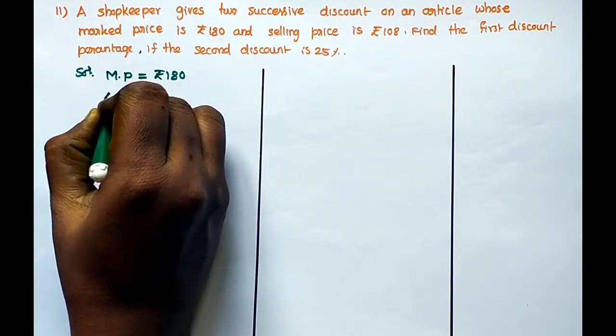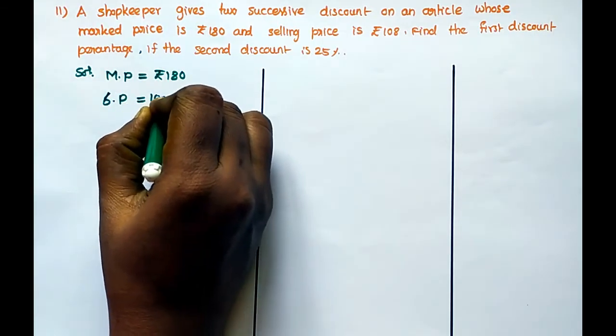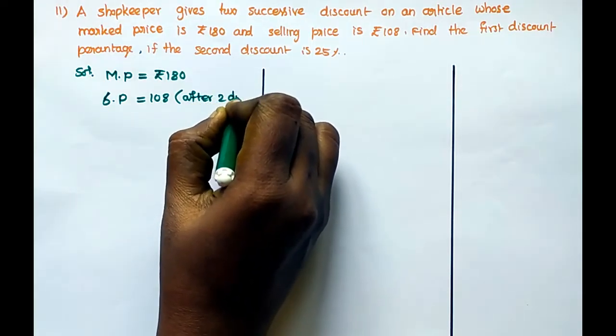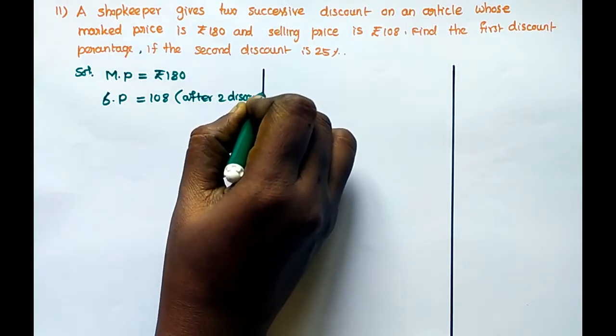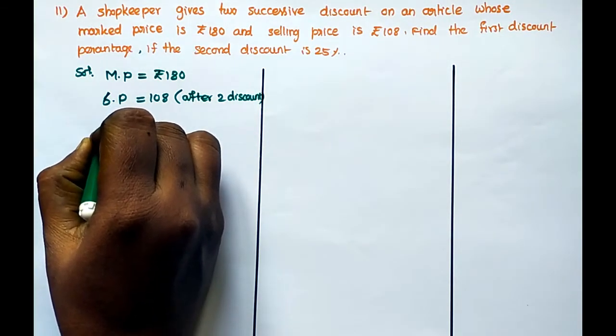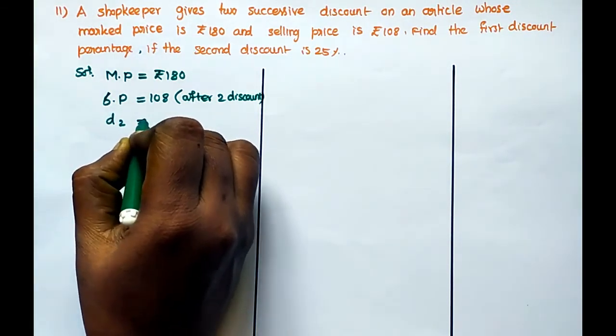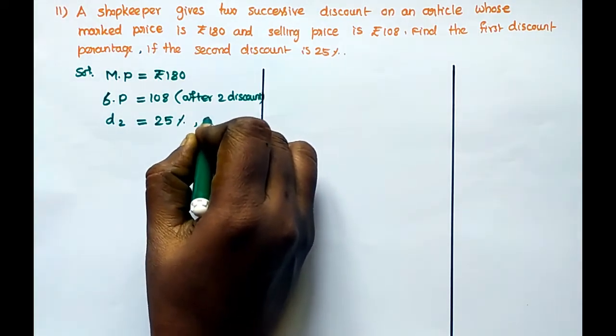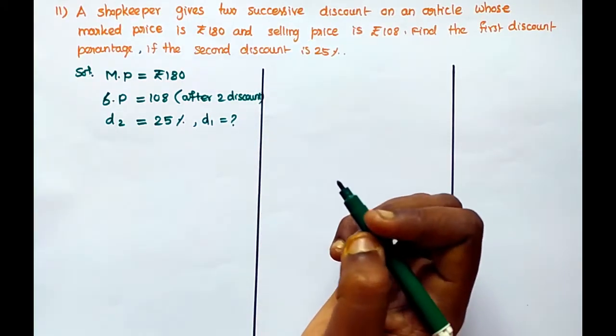That is selling price 108 after 2 discounts, right? And the second discount is, take D2 equal to 25%. D1 we want to find out.